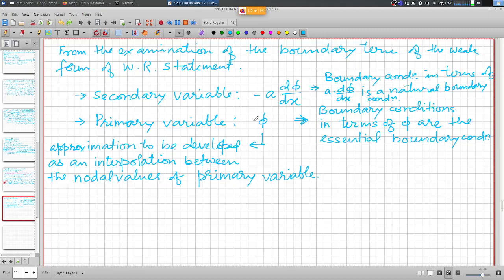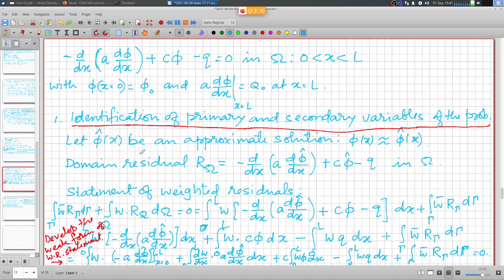So now, once we have this, we can go back to our equation and see that there are two boundary conditions. One is in terms of primary variable, so this is essential boundary condition. This is essential boundary condition, and this is natural boundary condition. Right?